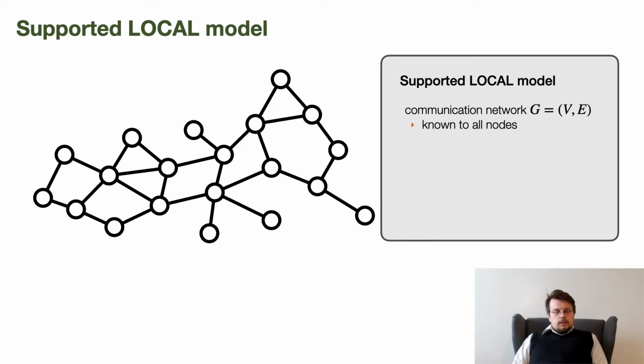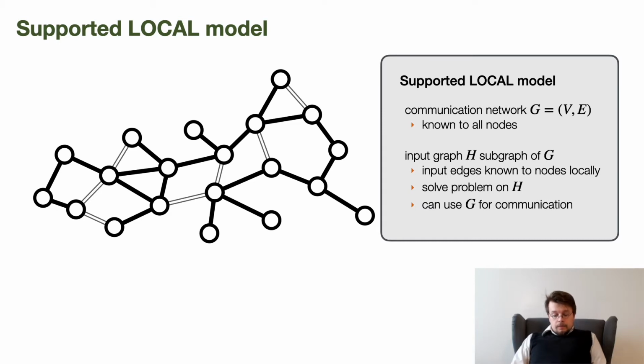Okay, so that's Sinkless orientation, but what is the supported local model? Supported local is basically a strengthening of the local model, so it's a stronger model. In this model, we are given the communication graph G beforehand, and this is known to all nodes. So you can think about the communication graph being fixed, and all nodes know that we are working on this communication graph.